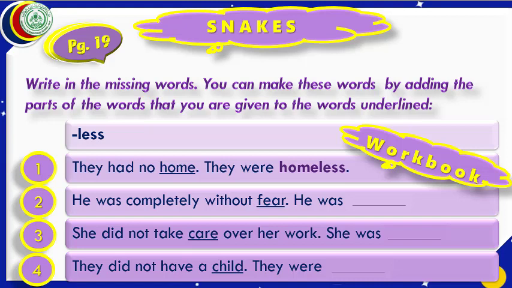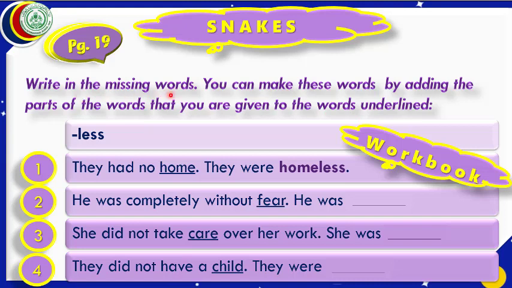Yes, students, if we read the instructions, it says write in the missing words. You can make these words by adding the parts of the words that you are given to the words underlined. Write the missing words.